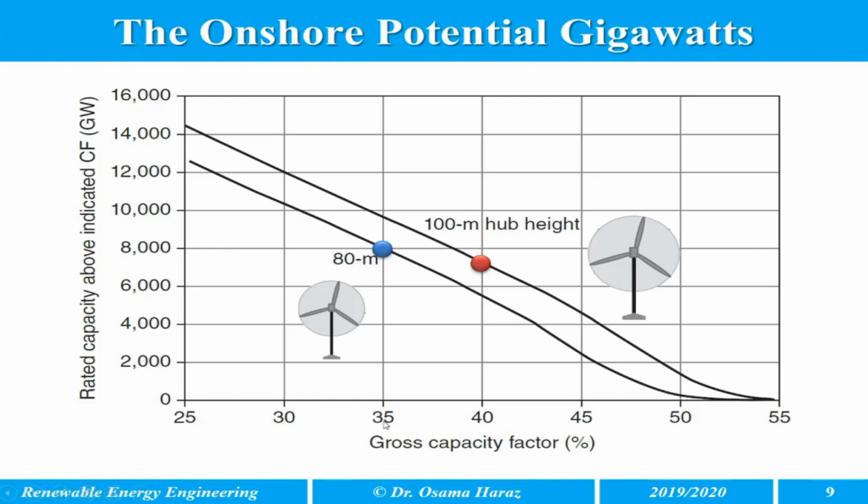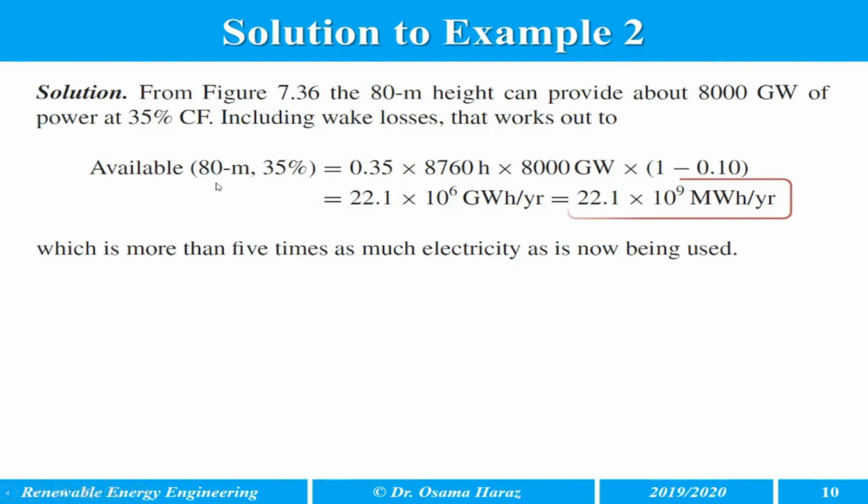For 80 meter at 35% capacity factor, it will give you 8,000 gigawatt of rated capacity, while the 100 meter hub height turbine working at 40% CF will give you almost 7,500 gigawatt.